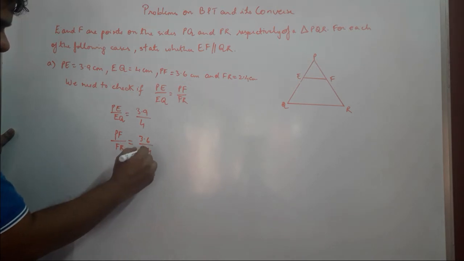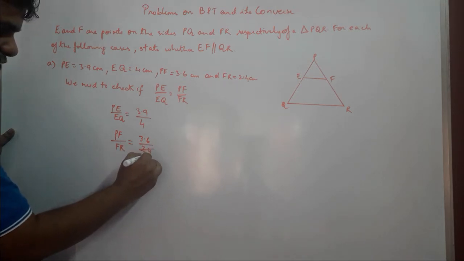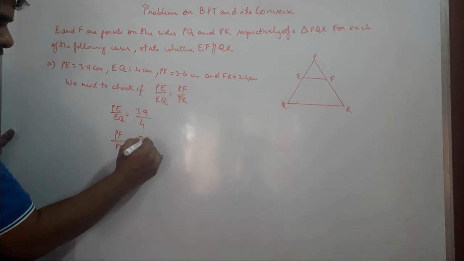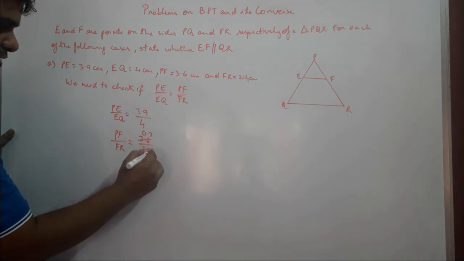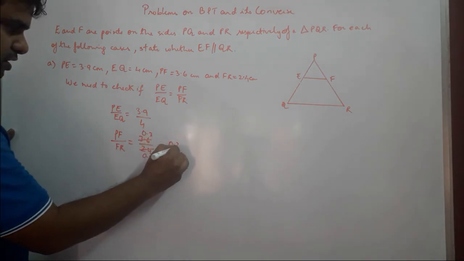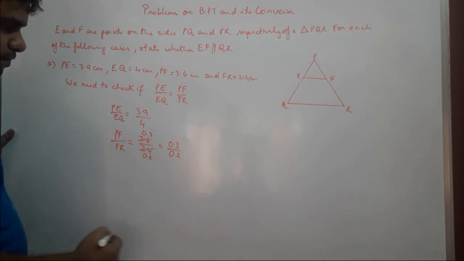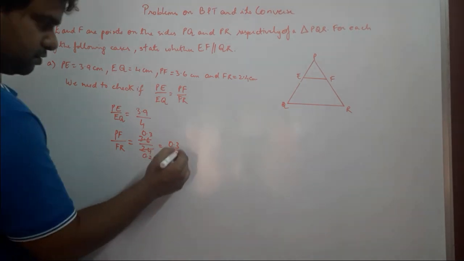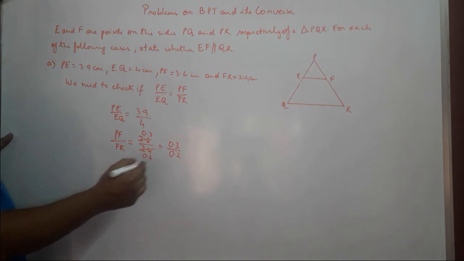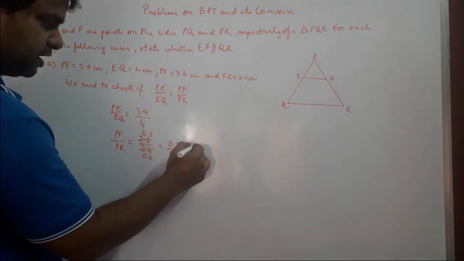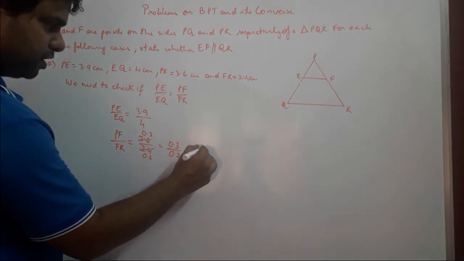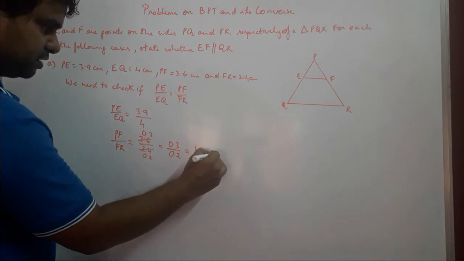This is divisible. So 12 2s are 24, 12 into 0.3, so we get 0.3 upon 0.2. Now if we divide this further, we will end up getting 1.5.